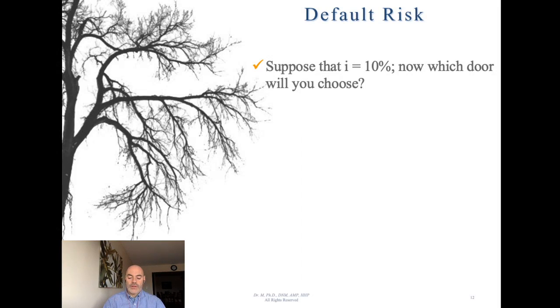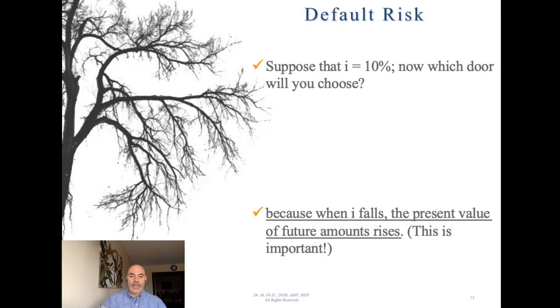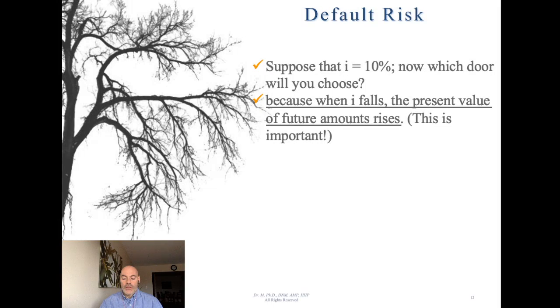Therefore, you should take door number one when interest rate is equal to 10%. And here is the caveat. Because when interest rate falls, the present value of future amount rises. This is important. That's something that you want to take away with you because it's a fundamental principle for the investment community.